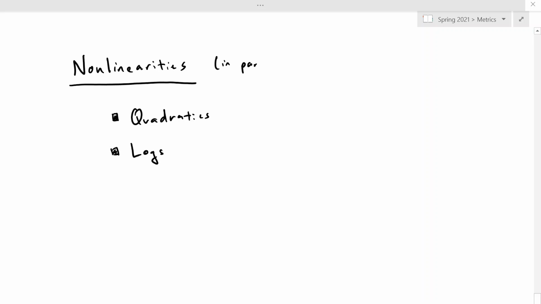So in the beta, in the functions of x. We still have linear parameters for the betas.